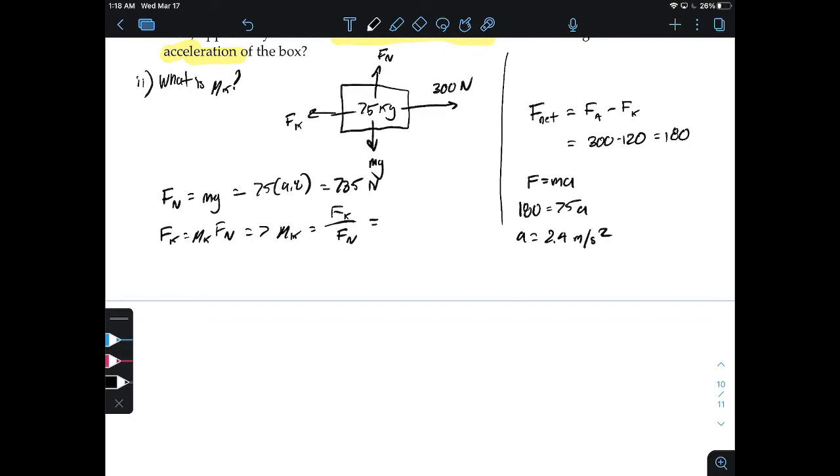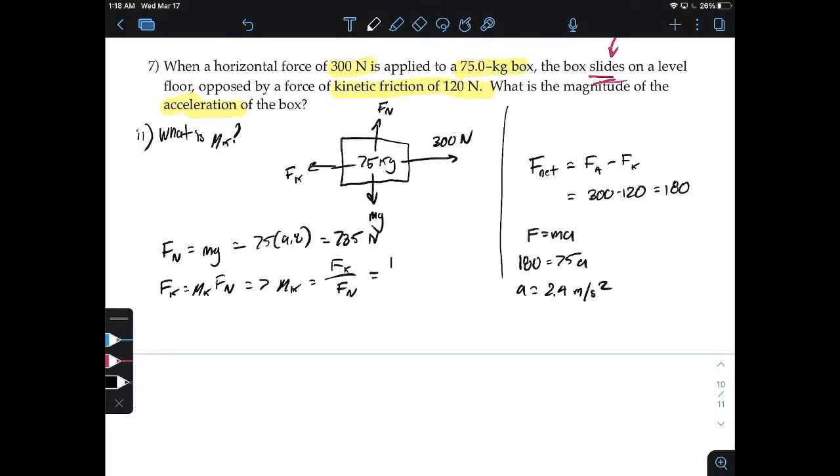Now our force due to the kinetic friction is equal to 120, and our contact force is 735. So we have 120 over 735, which is 0.163. And that doesn't have a unit, it's just a value.